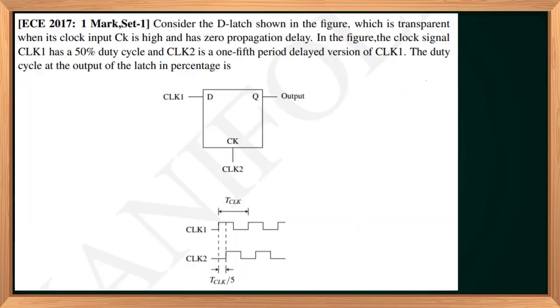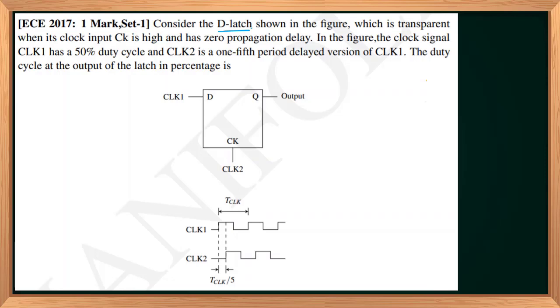Previous year GATE EC 2017, 1 mark. Consider the D latch shown in the figure, which is transparent when its clock input CK is high and has 0 propagation delay. It's a D latch.